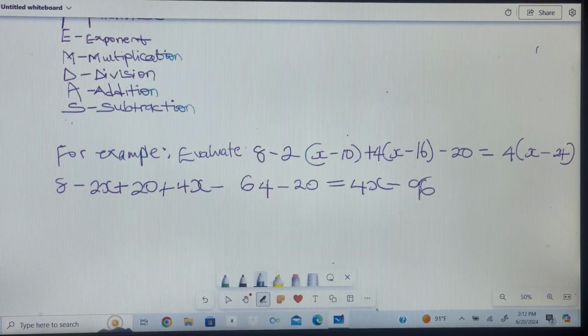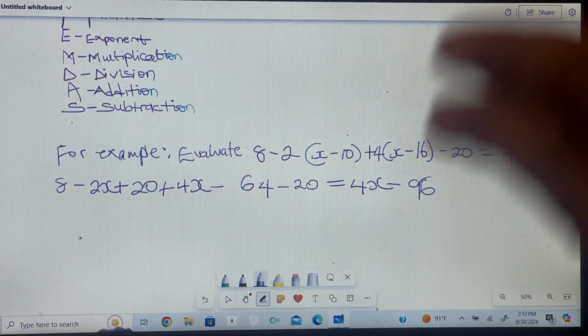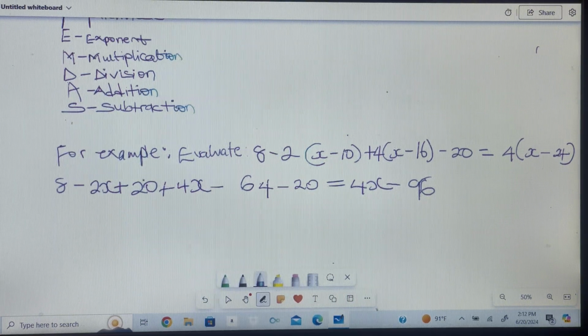Okay, the next step is to collect like terms. But before you do that, check if we have any two numbers that are canceling each other. On the left side, we have positive 20 and negative 20. We cancel them out to make your life easy. Now we collect like terms. We bring down 8.